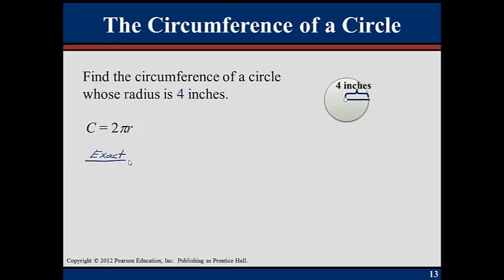The exact answer means leave pi there. So leave the pi in your exact answer. So circumference is going to become 2 times pi times the radius, and the radius is 4. So 2 times 4 is 8. So the exact answer is just written as 8 pi.